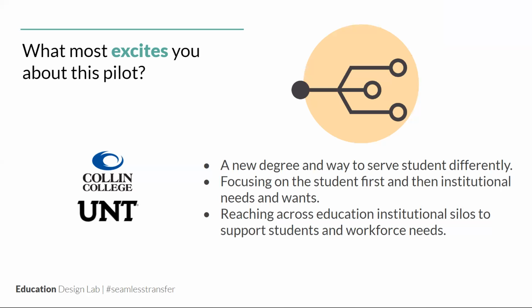And then one of the other things that's very exciting to me about this new opportunity is we think it's scalable. If this works well, we think that some of our other degrees that will be offered at the UNT campus in Frisco will see this model as something that will work for them, and we'll see some new degrees come that will be helpful to students who are transferring without clear pathways, as Cameron said, of knowing what they want to do, but we can complete them in a timely manner.